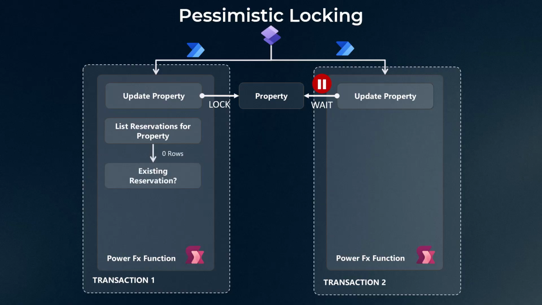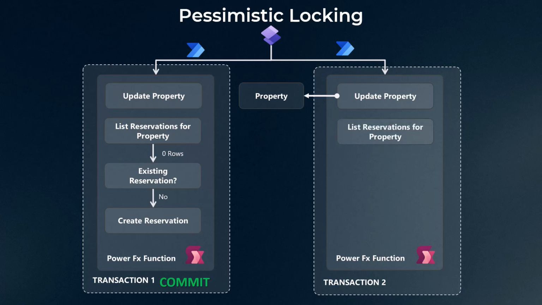This way, we can guarantee that no other reservations will be created until the first transaction has completed. The waiting transaction will then continue and ultimately fail because there's now no availability. Until PowerFX functions, this was only possible using C# code deployed as a plugin.